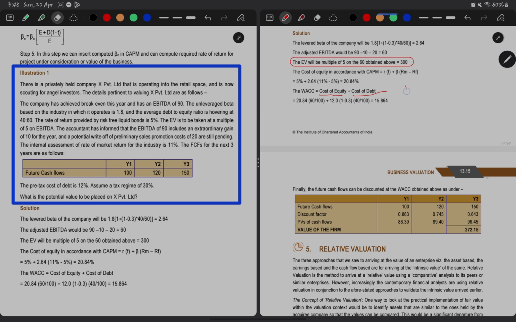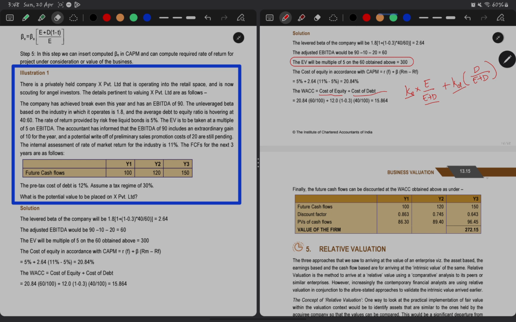So a general formula would be KE multiplied by E by E plus D, plus KD multiplied by D by E plus D, wherein E plus D is the equity plus debt, and E is the equity portion of the fund, then D is the debt portion, then KD is nothing but the cost of debt, KE is nothing but the cost of equity.